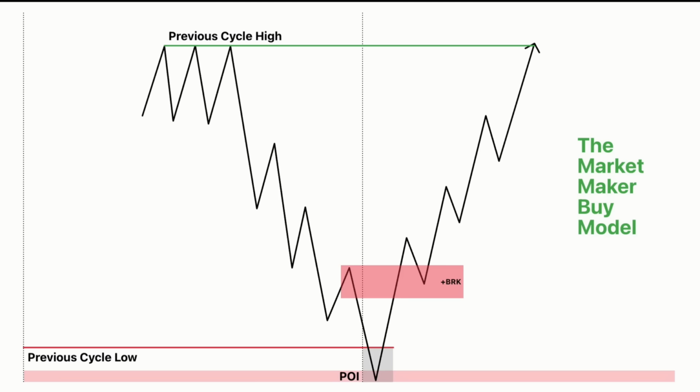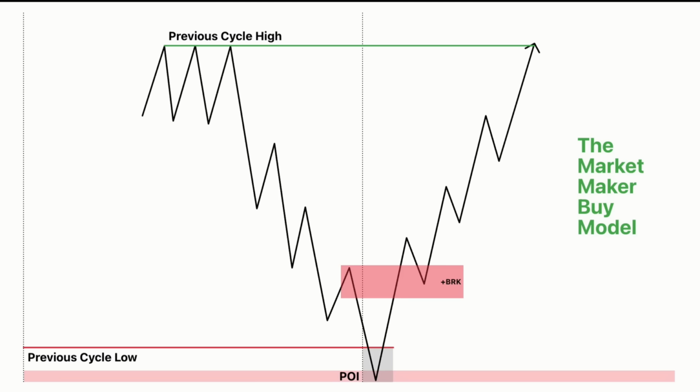And your true resistance turn support is valid when these things occur. It's not any random high that gets broken through that should now begin to function as support. No, the high should function as support when all these things are aligned, when the framework is present. And that's why market maker models give you a framework to look for specific patterns to occur.